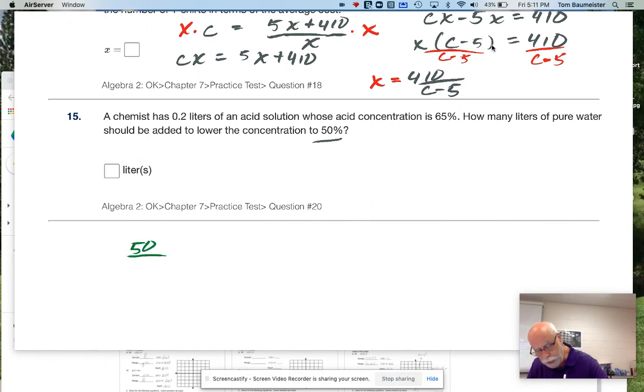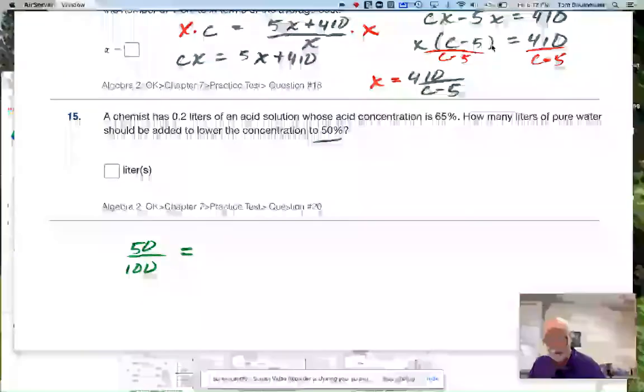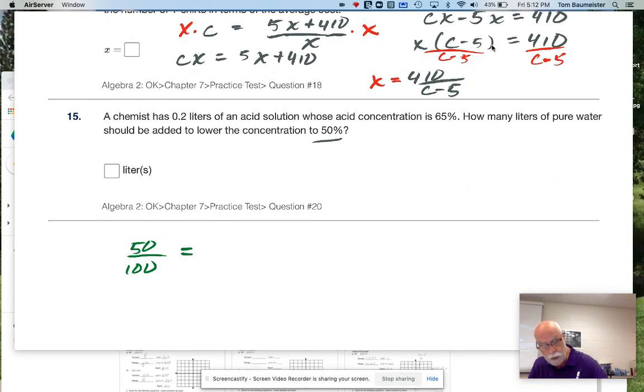50% or 50 over 100 is equal to, let's see, on this one here, we started with 2/10 of a liter, all right? And we know that out of it, the acid part is 65% right now.